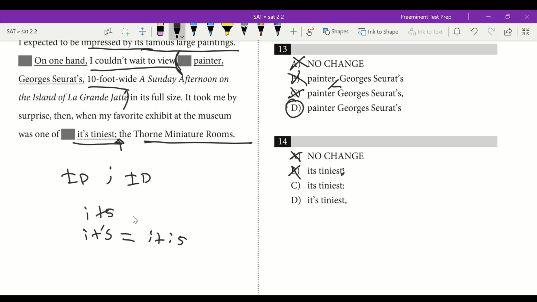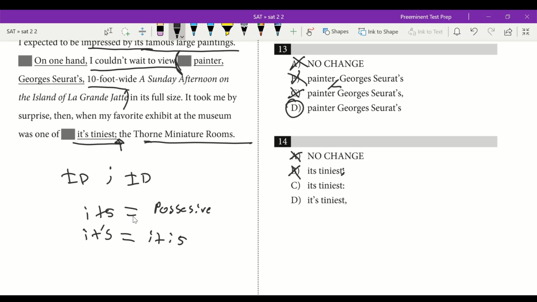So let's read our sentence. It took me by surprise then when my favorite exhibit at the museum was one of its tiniest. Would that make sense if it was one of it is tiniest? No, right? We need our possessive. It has to be the possessive its. So that's what we're going to need there.